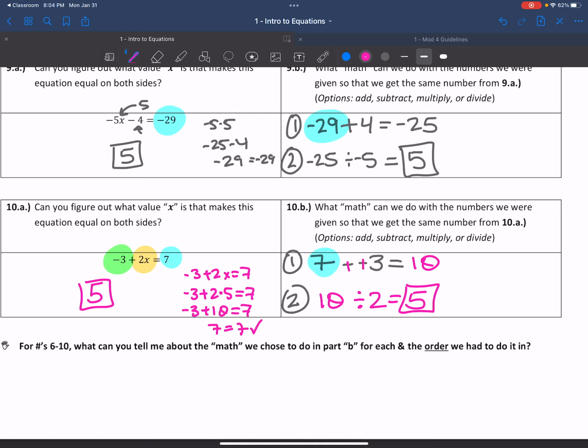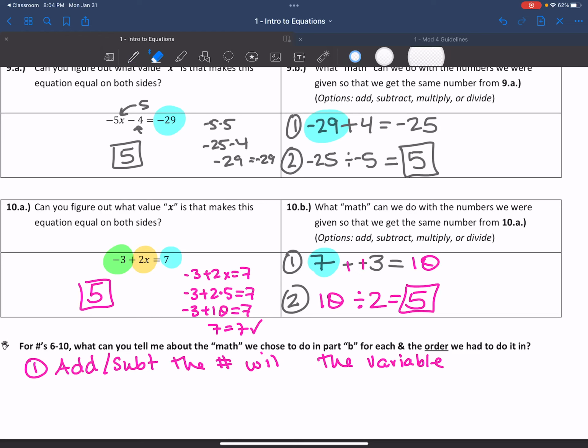We're golden. So this last little bit, our first step, we always added or subtracted the number with the variable. But in number 2, this is the distinction.